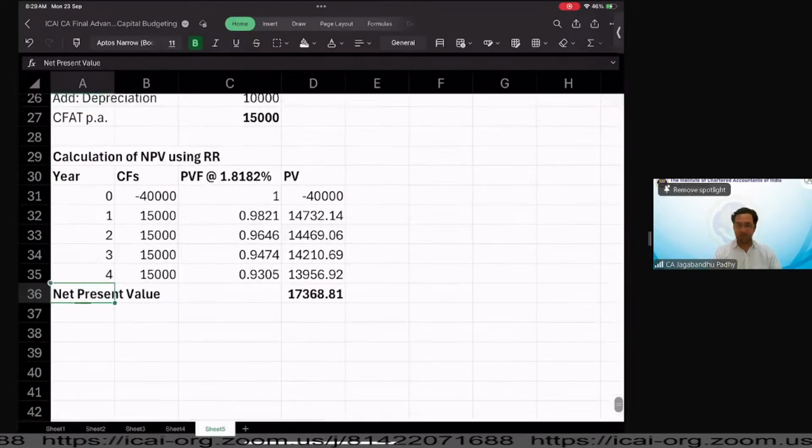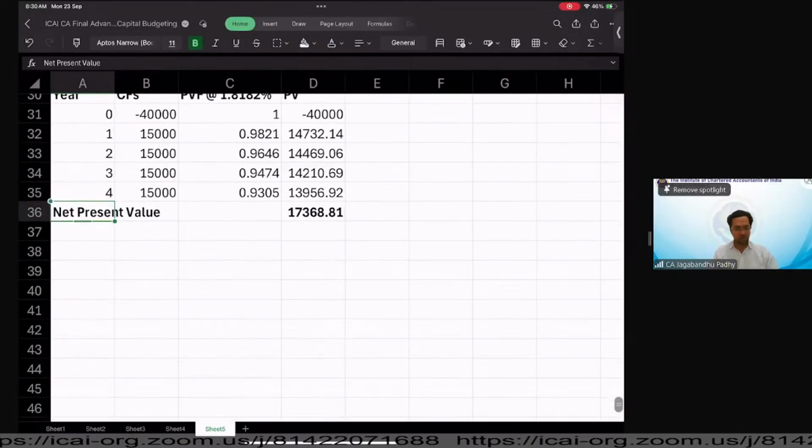Yeah. Are we able to understand this, guys? When we say NPV, when we calculate using real rate and using nominal rate, in both cases, we are going to get the similar answers. Perfect.